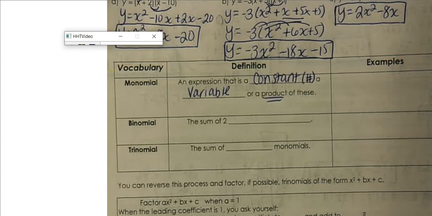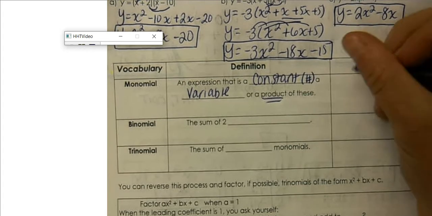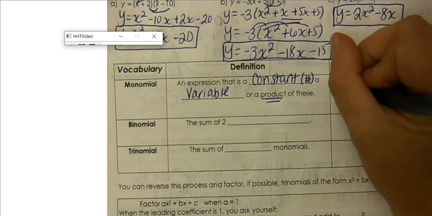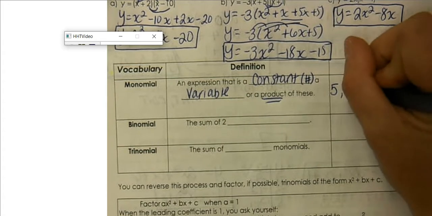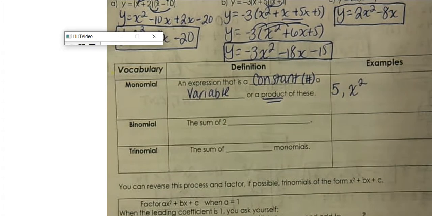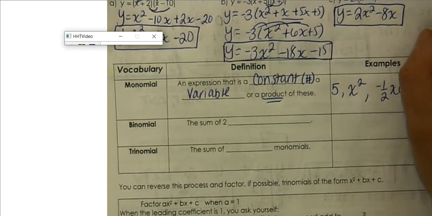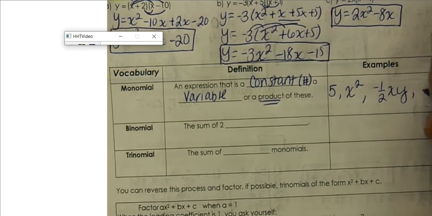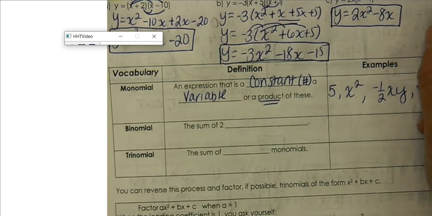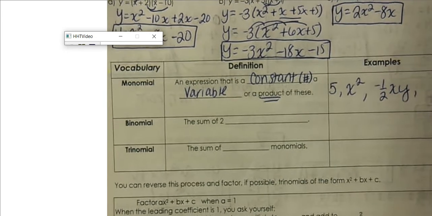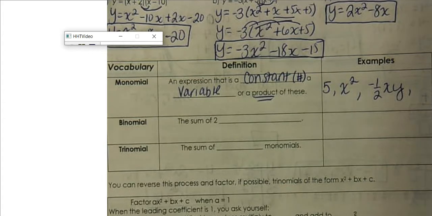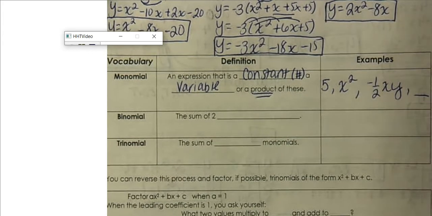Product means to multiply. So some examples would be like the number 5, the expression x squared, negative 1/2 xy, and, I don't know, come up with something else. Anything that you can think of. So this last one will be something that you come up with.